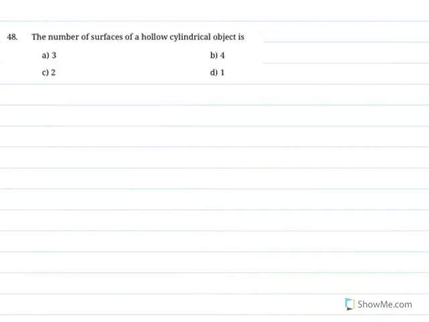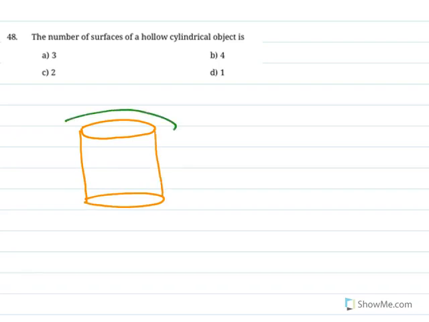The number of surfaces of a hollow cylindrical object. So let's draw a hollow cylindrical object. It has got like an inner cylinder, and then we have the outer cylinder. This is a hollow cylindrical object.